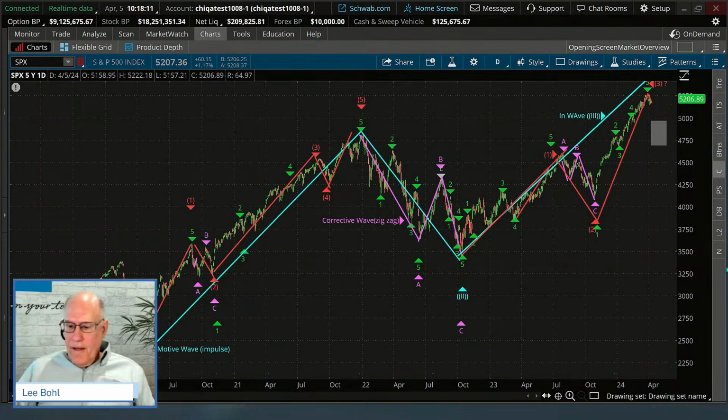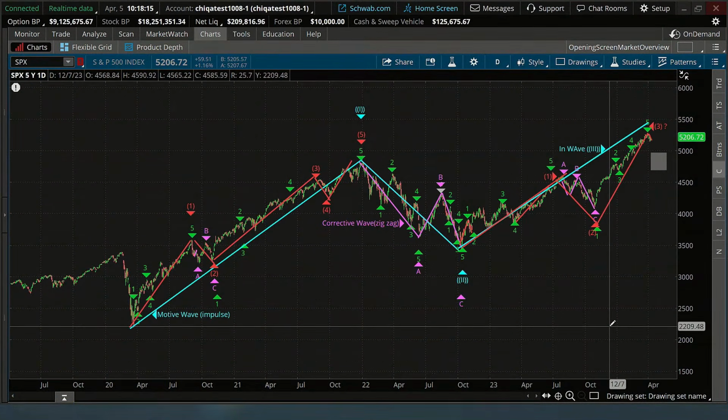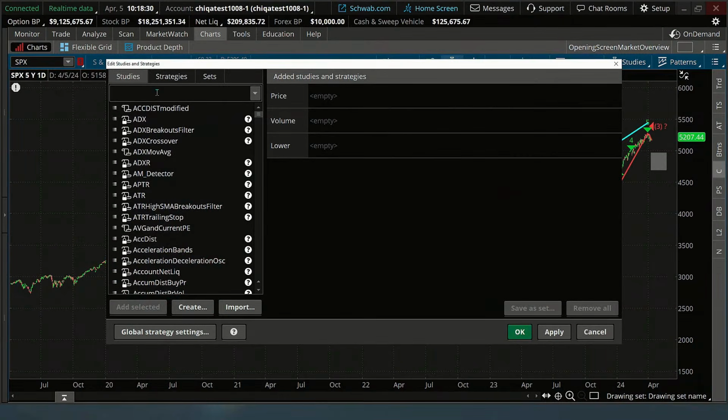All right. Now, the Elliott oscillator can help you sometimes figure out where the waves start and end. It's not infallible, but it is a pre-built study on Thinkorswim. All right. So what we're going to do is we're going to get a little beaker and we're going to just put in Elliott.